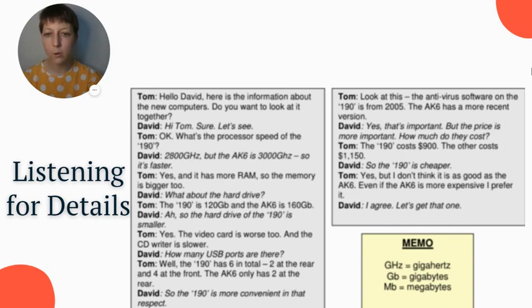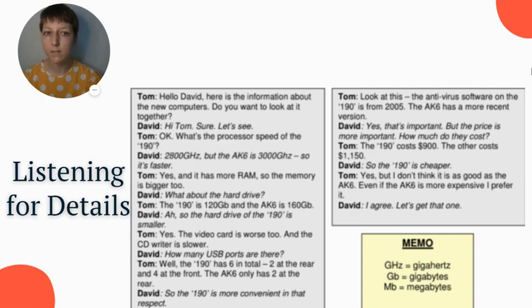David: How many USB ports are there? Tom: Well, the 190 has 6 in total, 2 at the rear and 4 at the front. The AK6 only has 2 at the rear. David: So the 190 is more convenient in that respect. Tom: Look at this. The antivirus software on the 190 is from 2005. The AK6 has a more recent version.